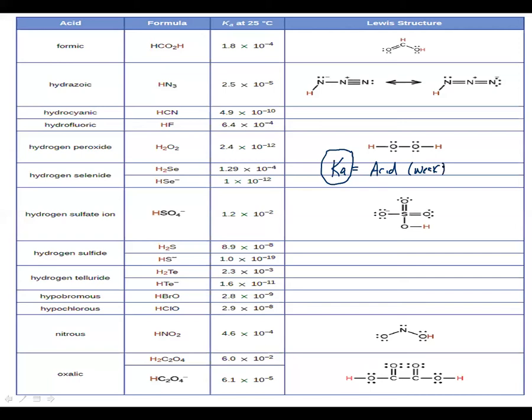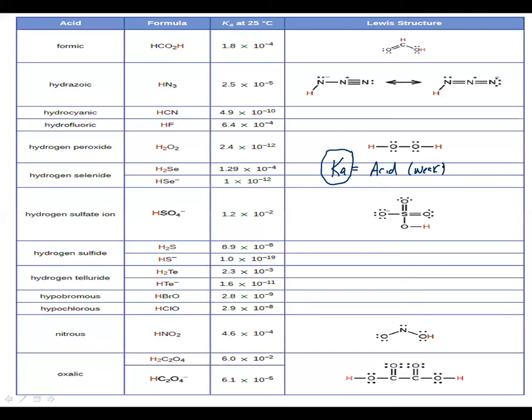So that's a good way to know for sure that you're dealing with a weak acid. If you're given a formula for an acid and you can't find that acid on the table, you would probably be sure that it's a strong acid. And again, those 7 strong acids that we saw earlier are probably the common ones.